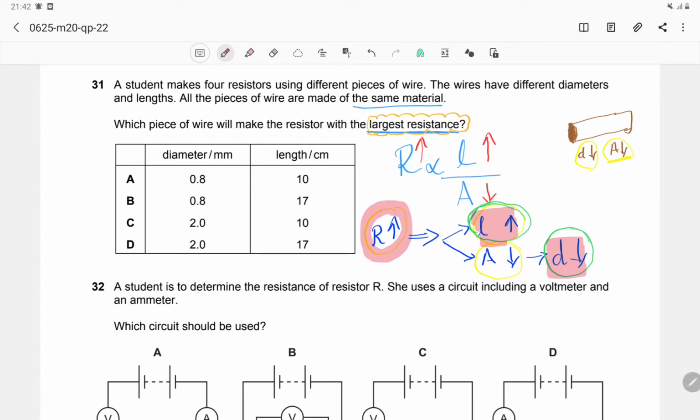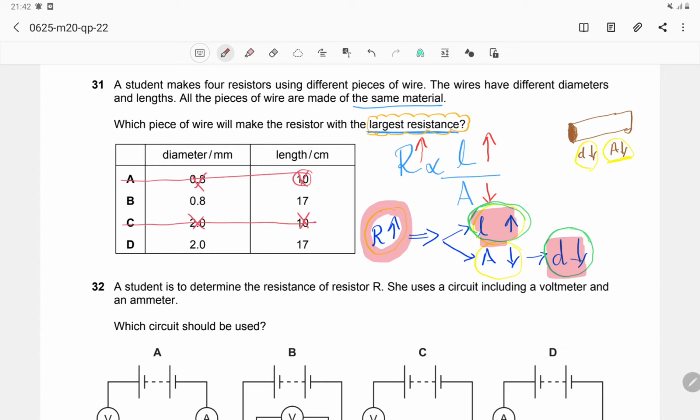First we can check in which options the wire has the largest length. When considering the length, there are two values, one is 10 centimeter and another one is 17. Comparing the lengths, the 10 centimeter wires are small in length, so they will have the least resistance. But here we have to find the resistor with the largest resistance. So option A and C will be wrong because they have a lesser length.